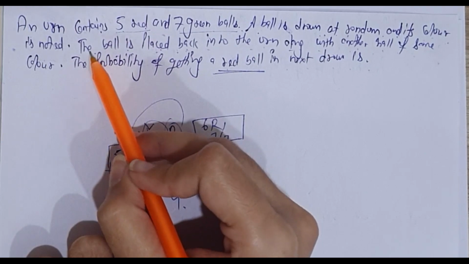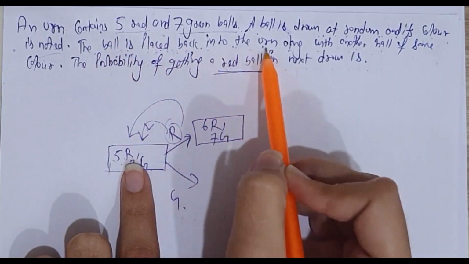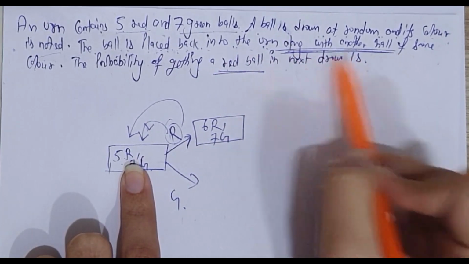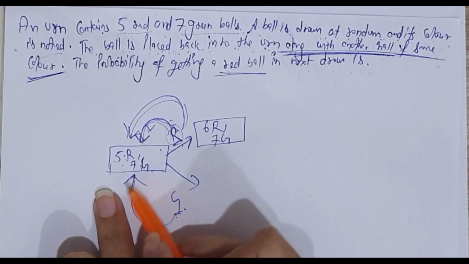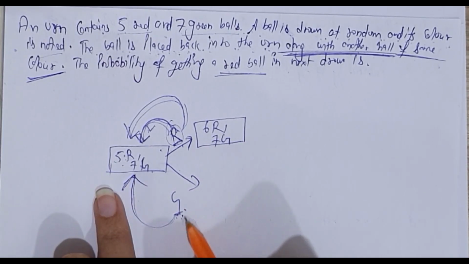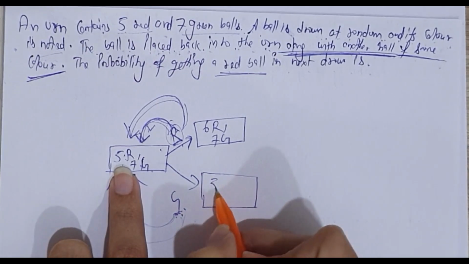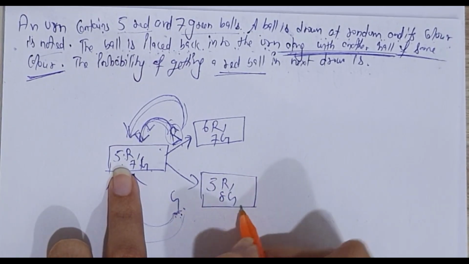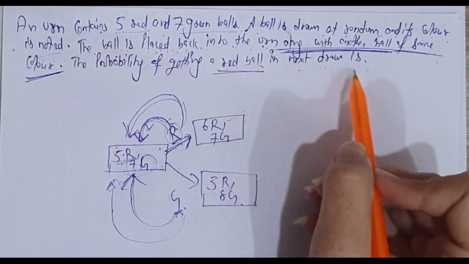As seen in the question, the ball is placed back into the urn with another ball of the same color. If we draw a green color, then we drop that ball in the urn, and another ball of green color is also dropped in the urn. Then we are left with 5 red and 8 green balls. Then they are asking what is the probability of getting a red ball in the next draw.